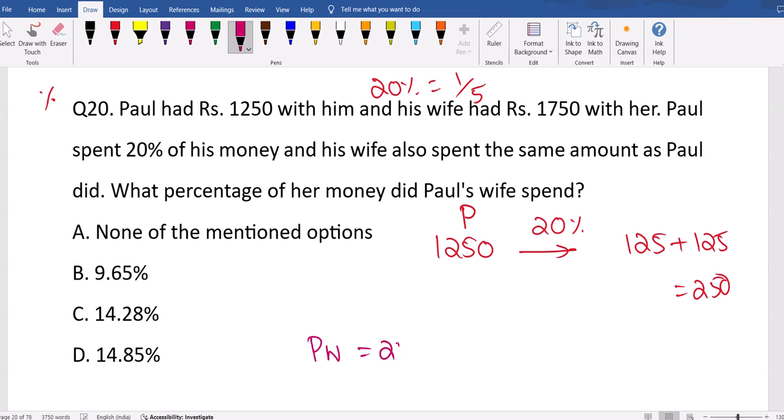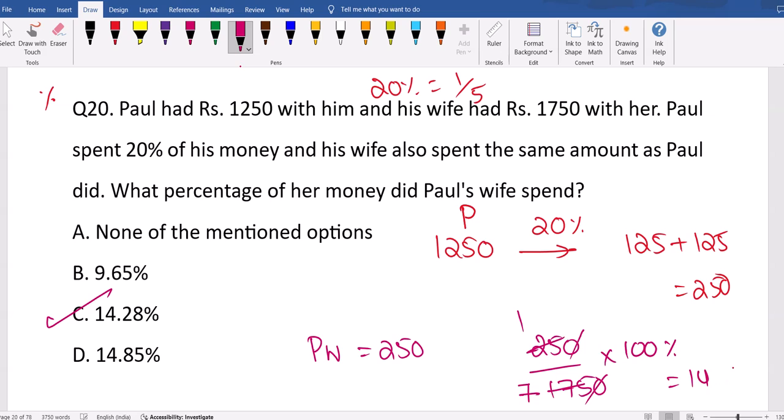Paul's wife spent 250. What is that percentage? Paul's wife's amount is 1750, so 250 by 1750 into 100. 25 one time, 25 7 times, so 100 divided by 7 means 14 point something, which is 14.28.